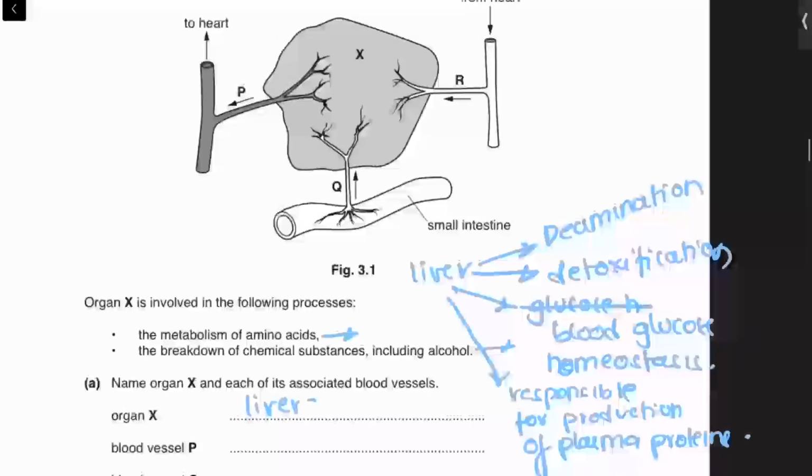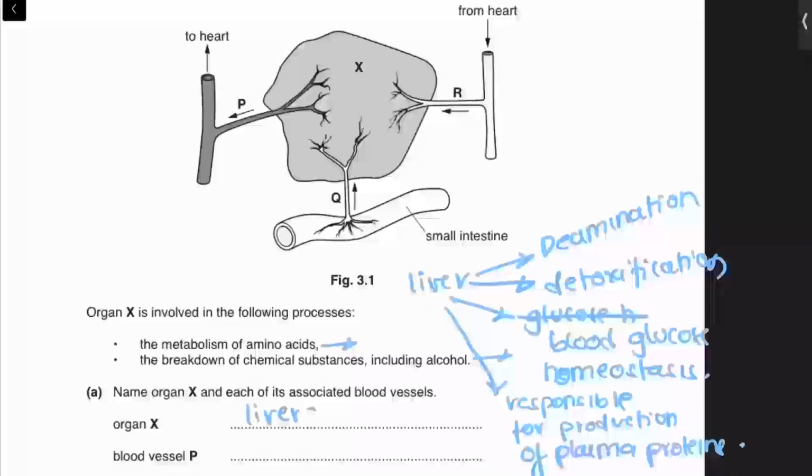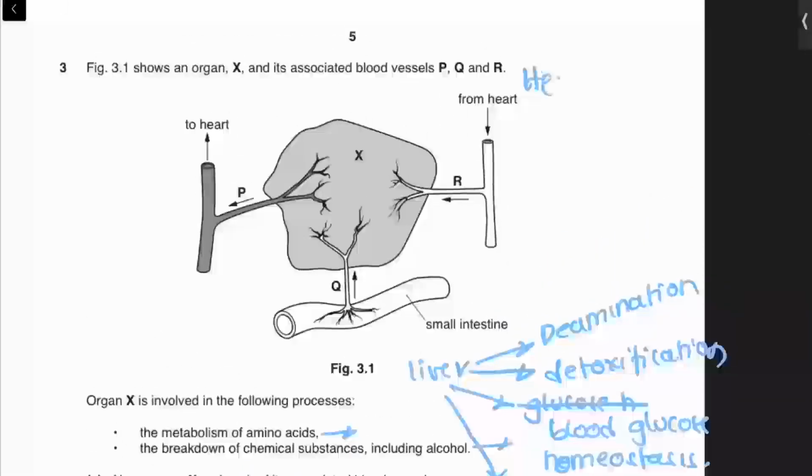What is blood vessel P? That is taking blood away from the liver towards the heart. Hepatic vein. Pulmonary vein is the lung. So remember, when you're describing the blood vessels of the liver, always write hepatic, because hepatic means liver. There are three blood vessels you're going to be talking about.